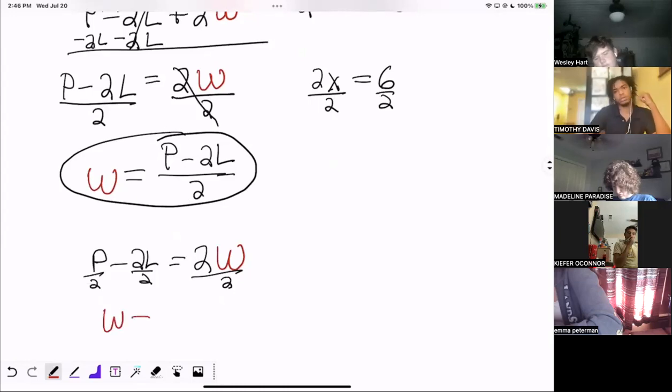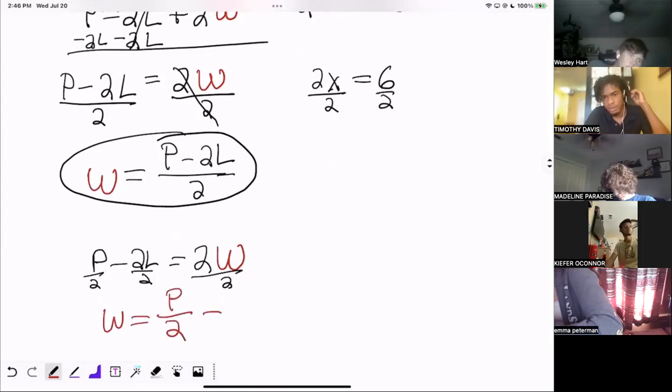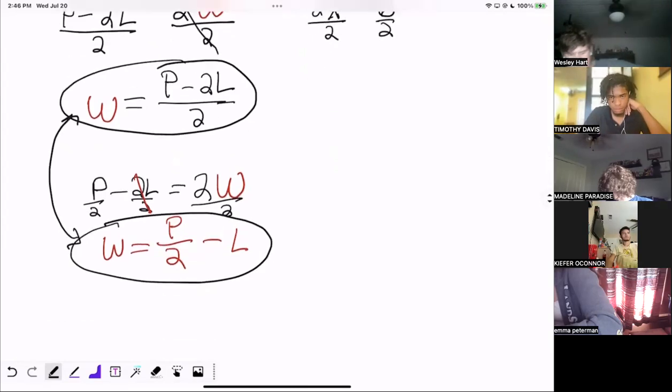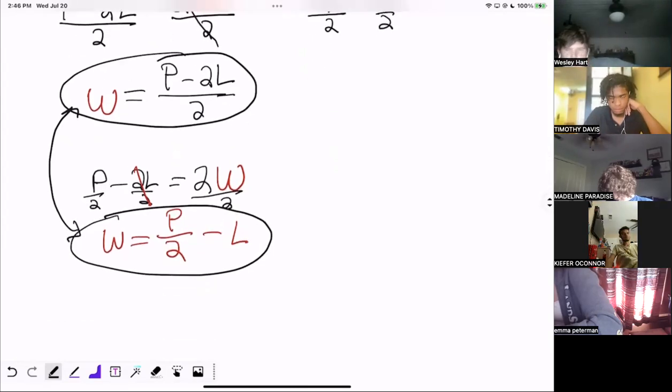This time, W equals P over 2, I forgot to put black, that's all right, minus L. That is another version of an answer. They are exactly identical, just written differently. Either you like dividing everything by 2 and leaving it like that, or you like to divide each of them by 2, and that would be your answer. Either is an answer. Each would be counted as correct.